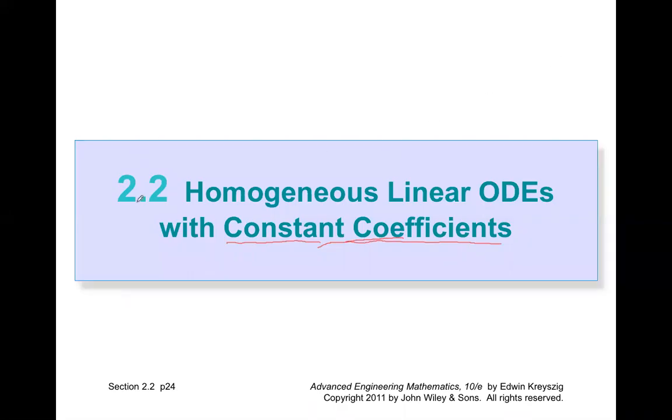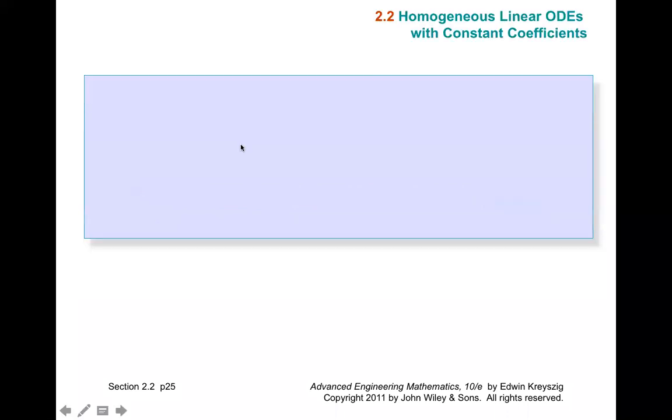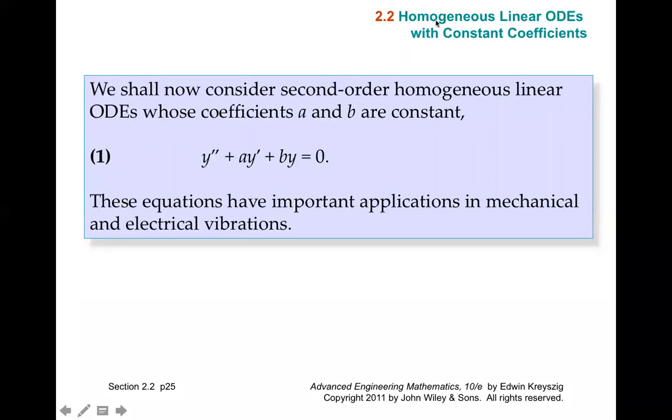Okay, in section number 2, we will discuss the homogeneous linear ODE with constant coefficients. In the previous session, we discussed the second order equation in the form y double prime plus p(x) y prime plus q(x) y equal to 0.